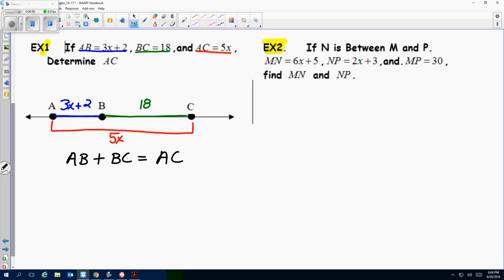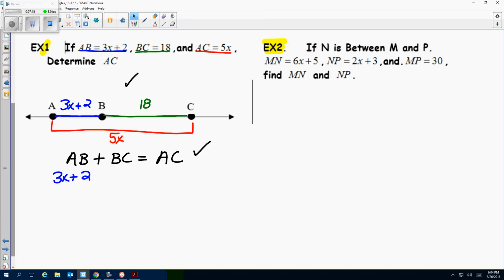If you were to give me something like this, I would give you credit for that. If you were to label, I can give you some partial credit for that. These are things you need to know to get as many points as possible when I quiz and assess you on a unit. If you understand the relationship, you can jump to the equation. Instead of writing AB, it's represented with 3x plus 2.